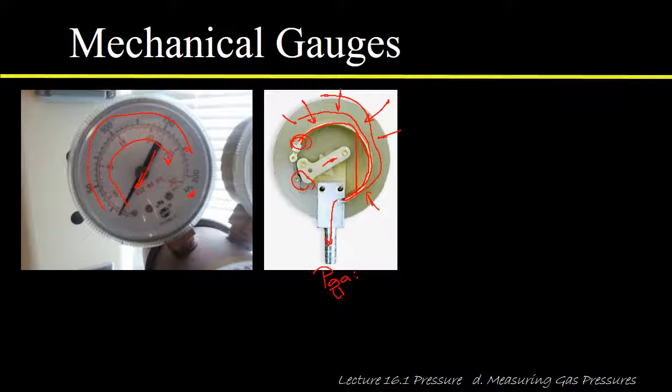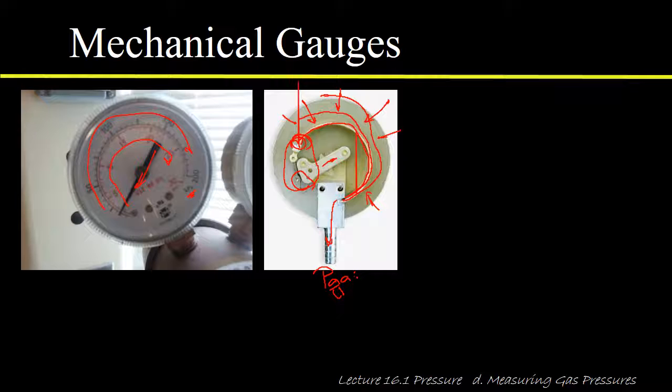So the pressure inside the tube is pushing the tube and trying to make it straighten out a little bit, moving this mechanism. But the atmospheric pressure is squeezing the tube and keeping it in kind of the same shape that it was in originally. So what you see on this dial is not just the pressure inside the tube, but you see the result of some kind of a competition between the pressure inside the tube and the pressure outside the tube.